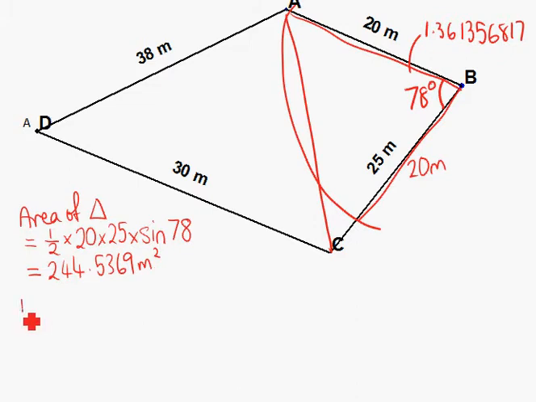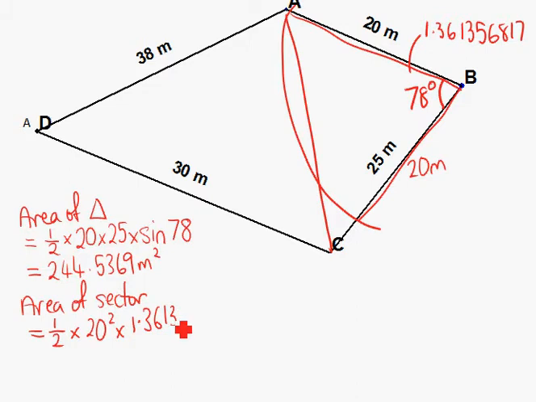Now we'll try the area of the sector, which is the new design. There's a formula for that too, which is very easy. The area of a sector is half times the radius squared, the radius of that sector was 20, times the angle, but this time the angle needs to be in radians.